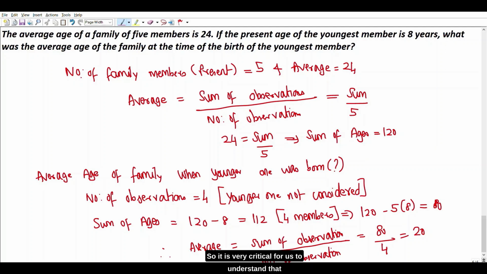So it is very critical for us to understand that when we are eliminating one observation and if we are going back n years, then those n years should be subtracted from the available observations also. So when we subtract those 8 years from each member, we get the sum of observations as 80, and when we divide it by 4, we get the average as 20 years.